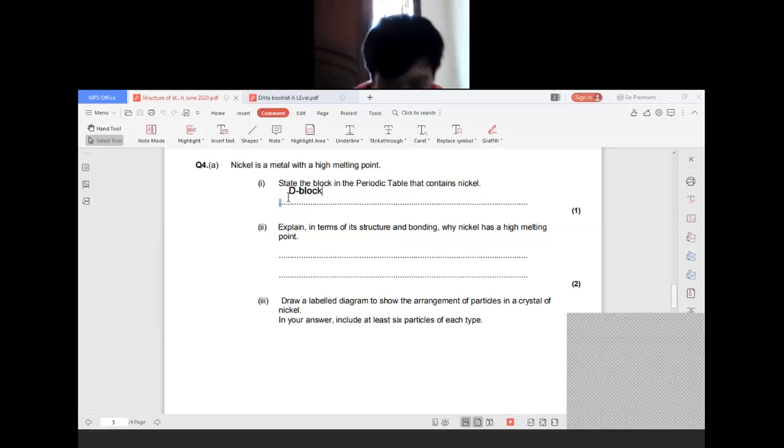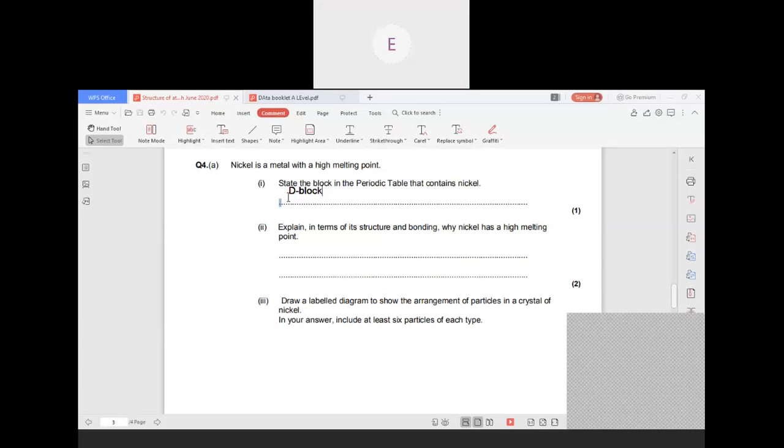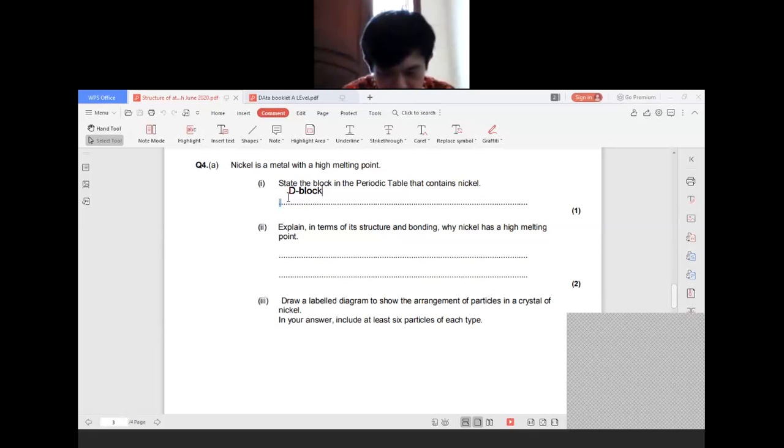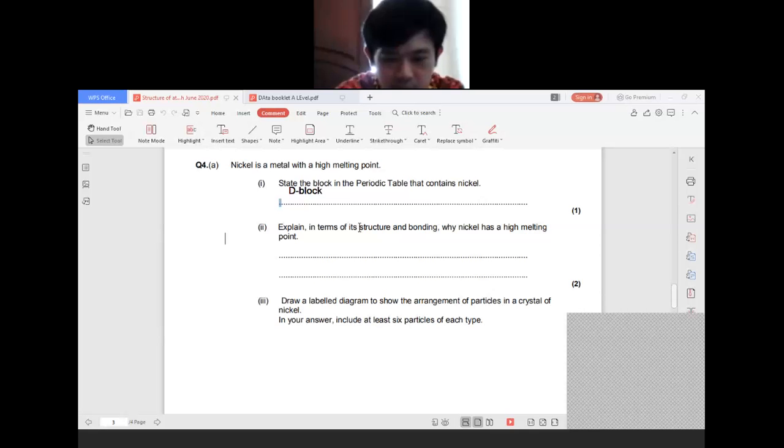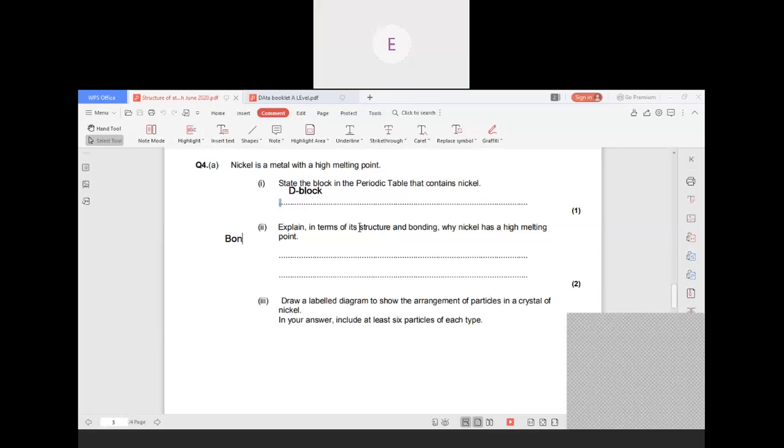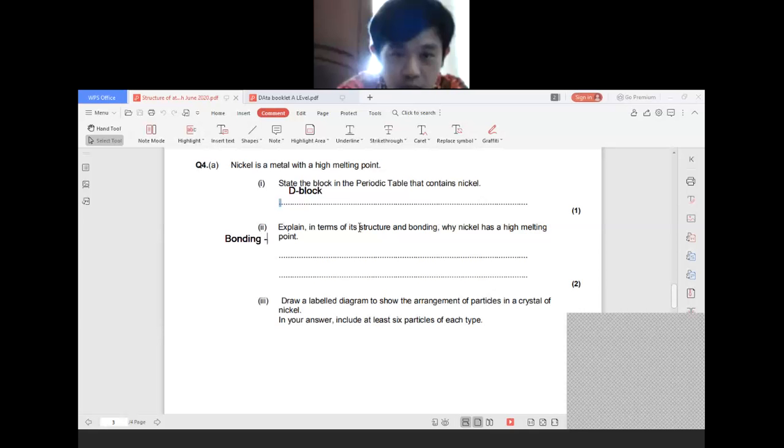What is the type of bond? Strong metallic bonding.